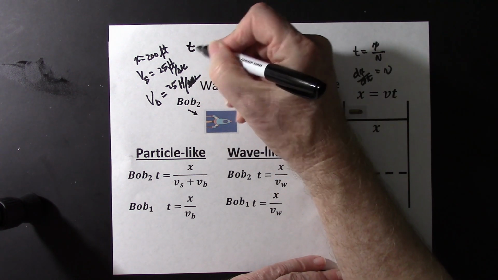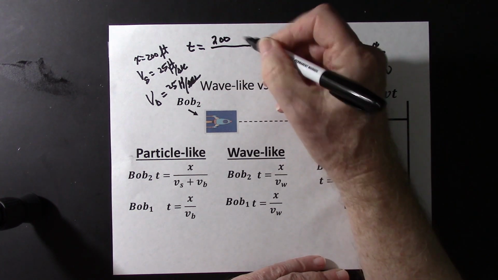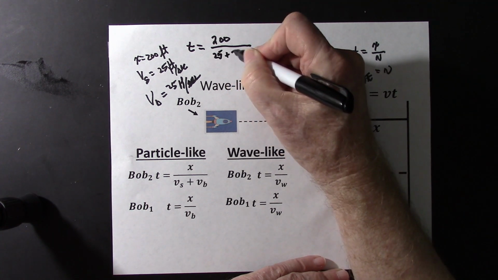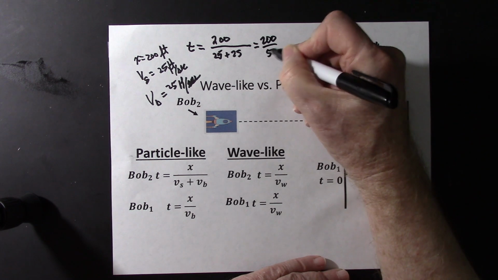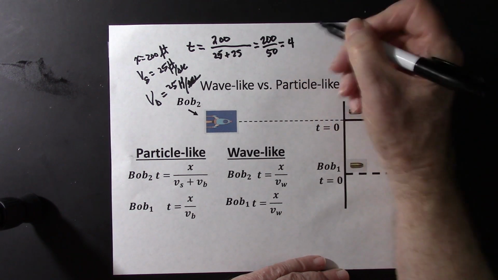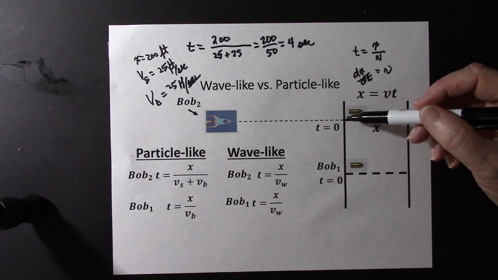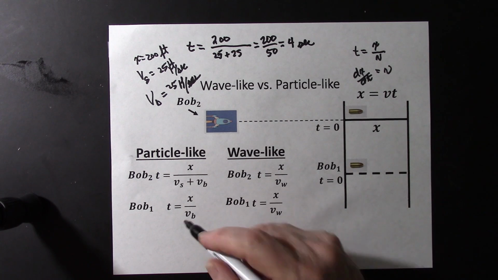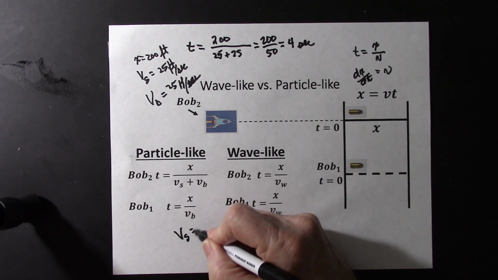Then t is equal to 200 divided by this plus this, which was 25 plus 25, which is equal to 200 over 50, which is equal to 4 seconds. So it would take 4 seconds for Bob 2's bullet to go from here to here. In Bob 1's case, Vs is equal to 0.